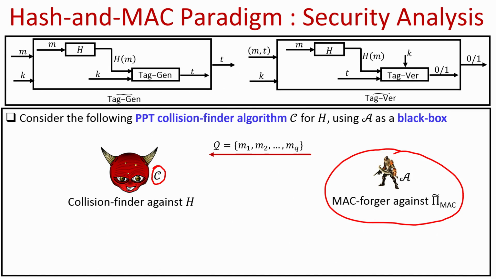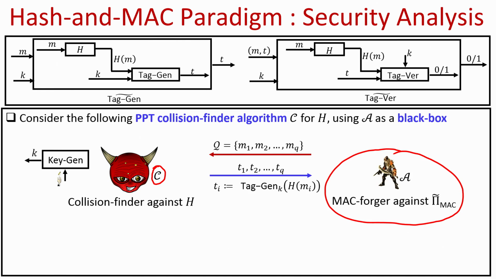What we do in the reduction is the MAC forger asks for tags on several messages of its choice, say q messages, and to respond to those queries, this collision finder algorithm runs the key generation algorithm of the composed MAC itself, generates a uniformly random key, computes the tags on the messages for which our MAC forger has asked, and the responses are given back to the MAC forger.